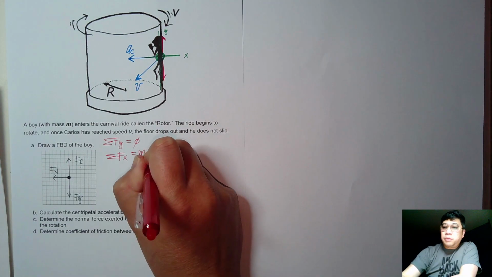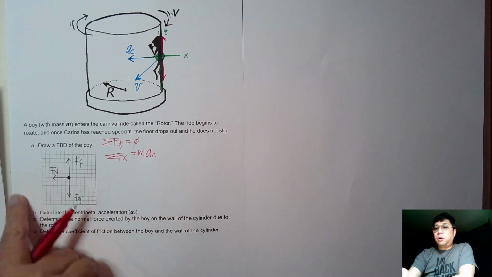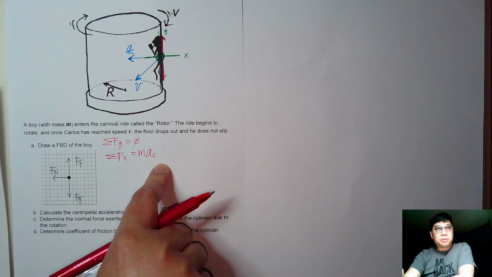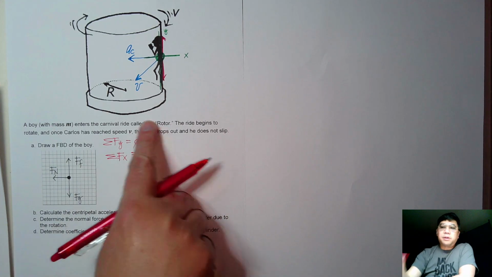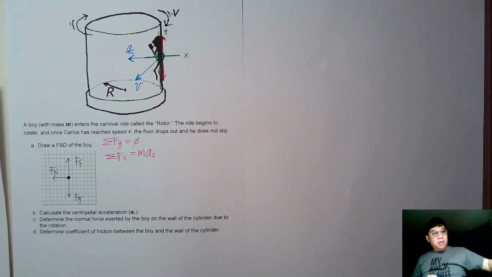Therefore, the acceleration is the centripetal acceleration. So in our x-axis, all the forces are affected by the centripetal force. However, in our y-axis, all forces are not affected by any acceleration or change in state of motion.